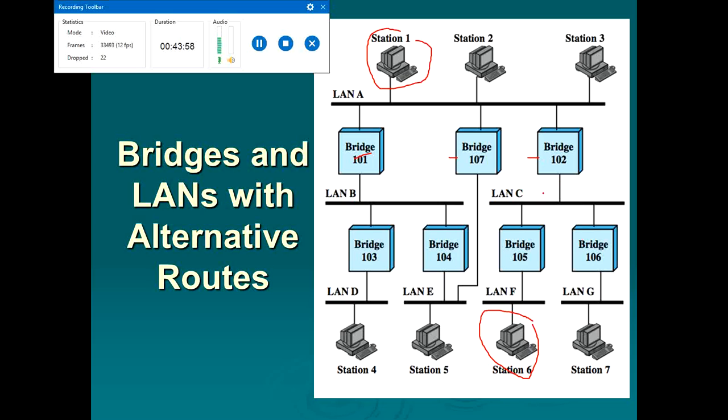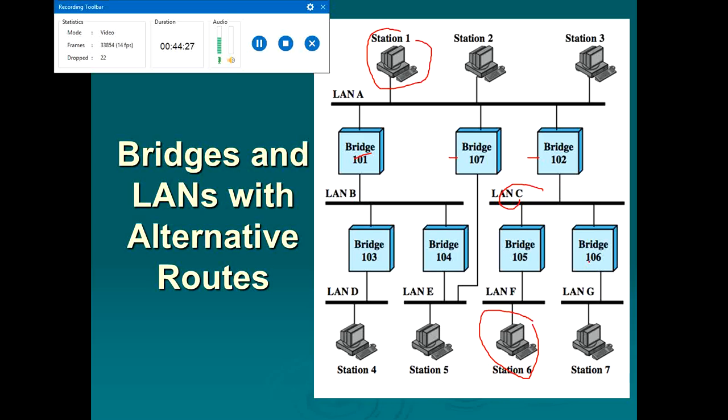Once the frame has reached LAN C, it will be picked up by both bridges 105 and 106. Again, each of these bridges must decide whether to forward the frame or not. In this case, bridge 105 should retransmit the frame on LAN F, where it will be received by station number 6, whereas bridge number 106 should not transmit the frame.